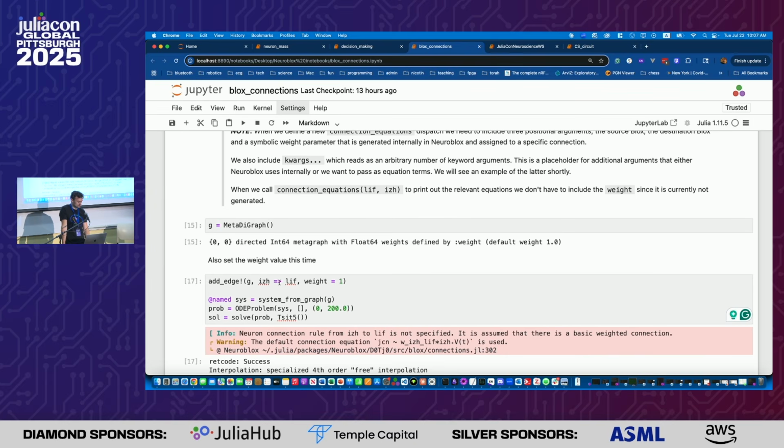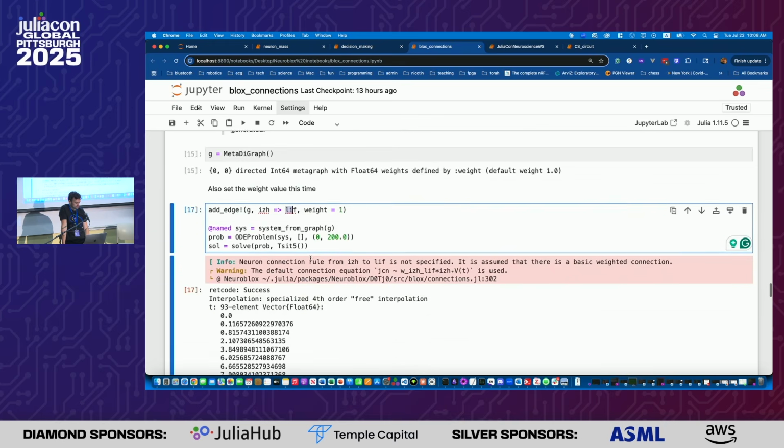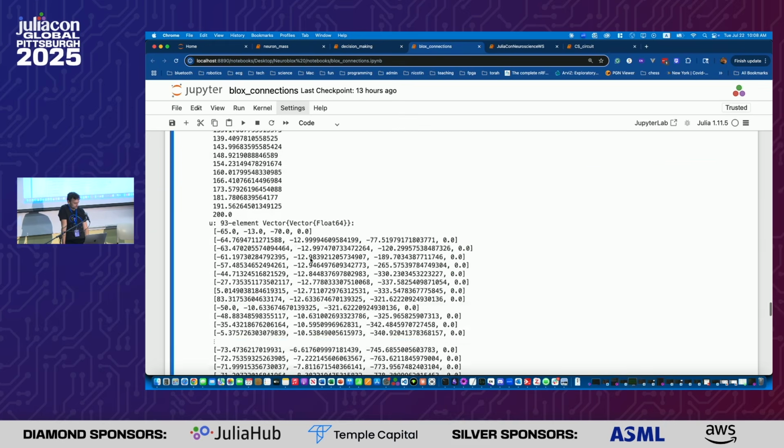Harris added some type pirated overloads that say that if you have these pairs of neurons, then this will become a node on the graph, and this will become vertices on the graph, and then it adds a weighted edge between those two.